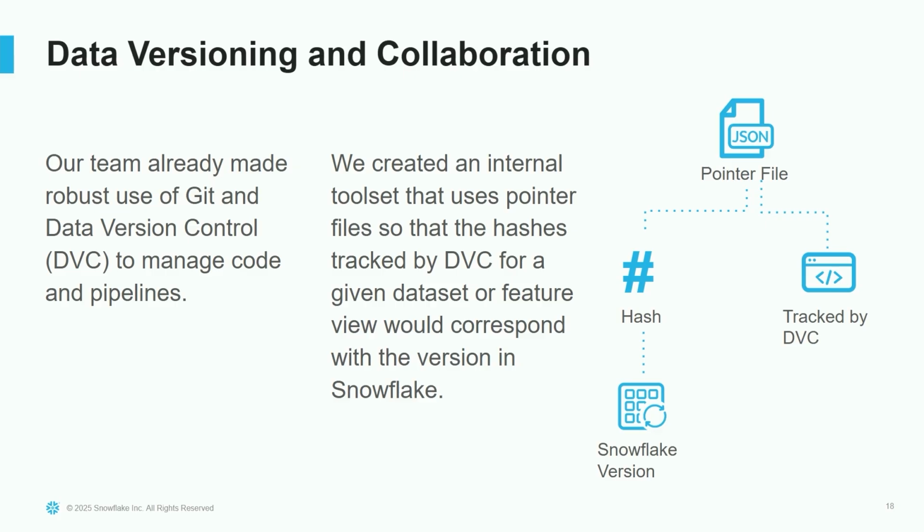So we created an internal tool set that wraps around the Snowflake ML API. And basically, it hashes some little pointer files that are really the definition of the table or the model, so that if anything changes in the table definition, then that can be used in DVC the same way that we always do, but we're not having to download all that data, right?